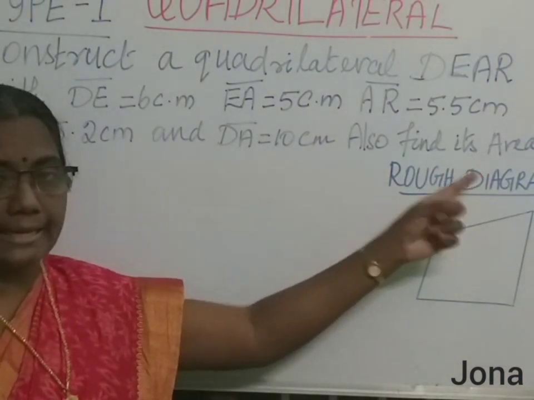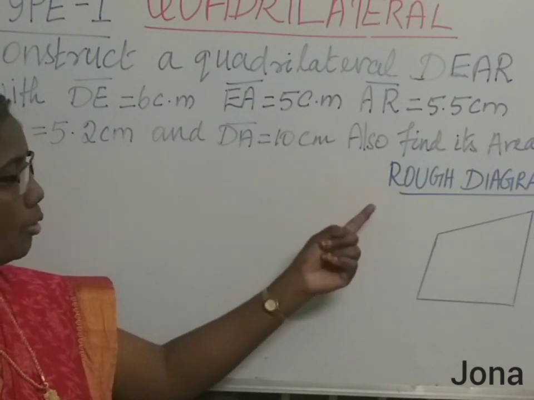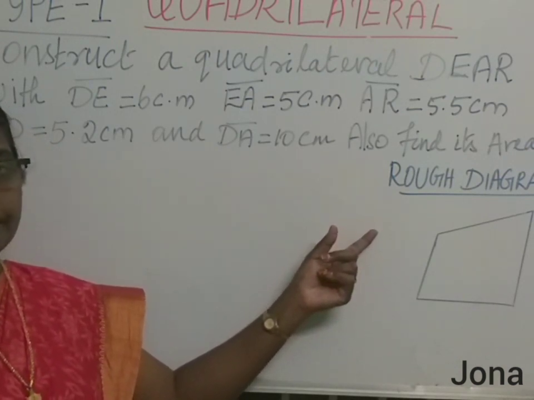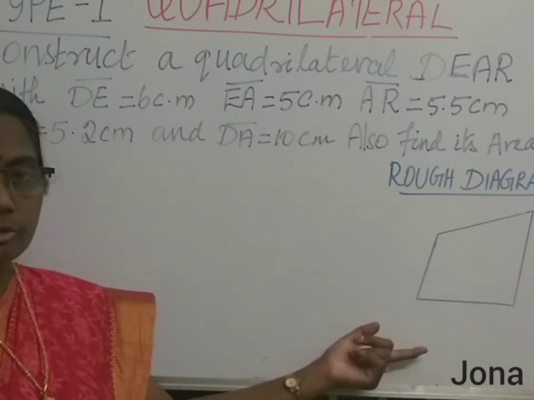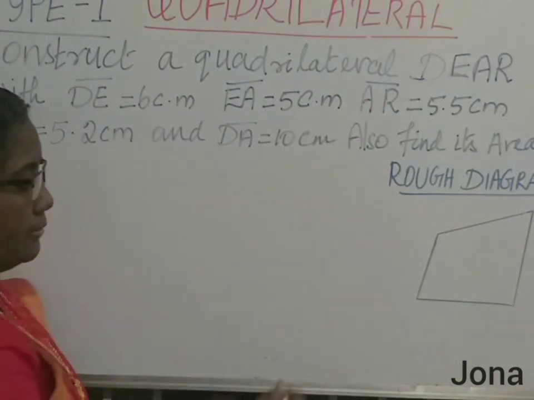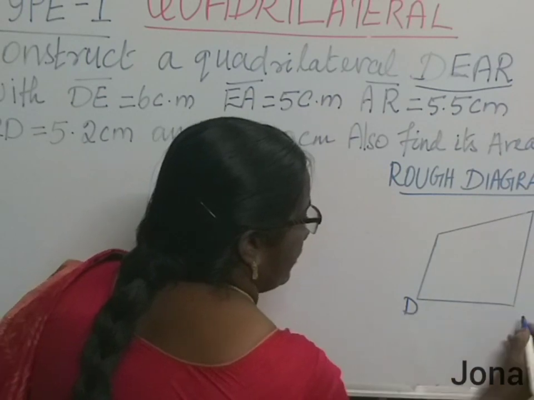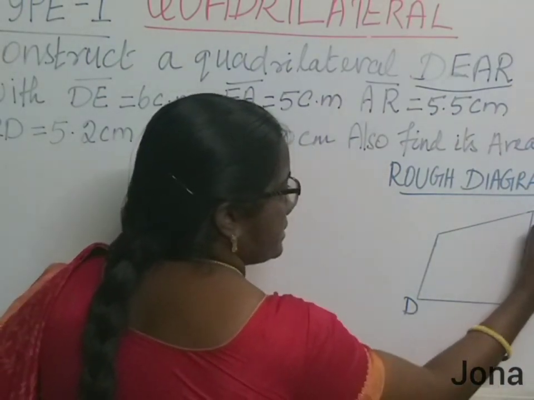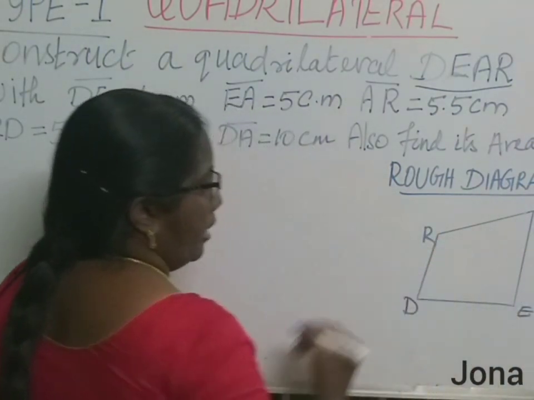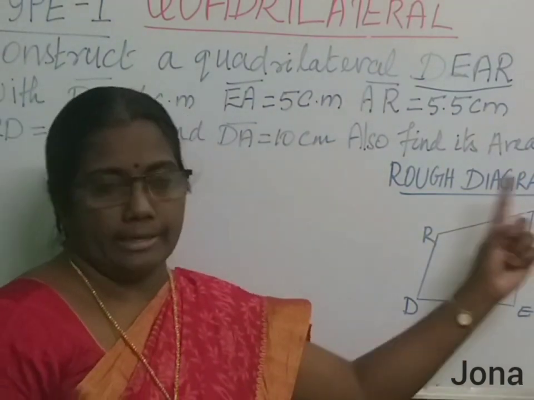Also find its area. Here first I want to draw a rough diagram for the quadrilateral. Here it's given DEAR, so we have to name this quadrilateral as DEAR. It must be in order.